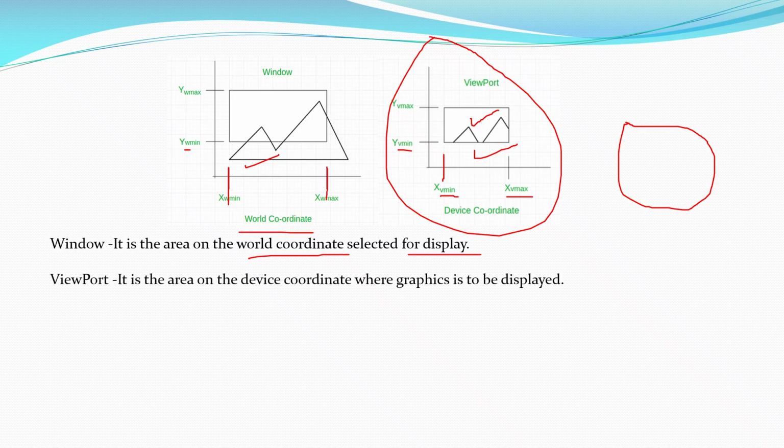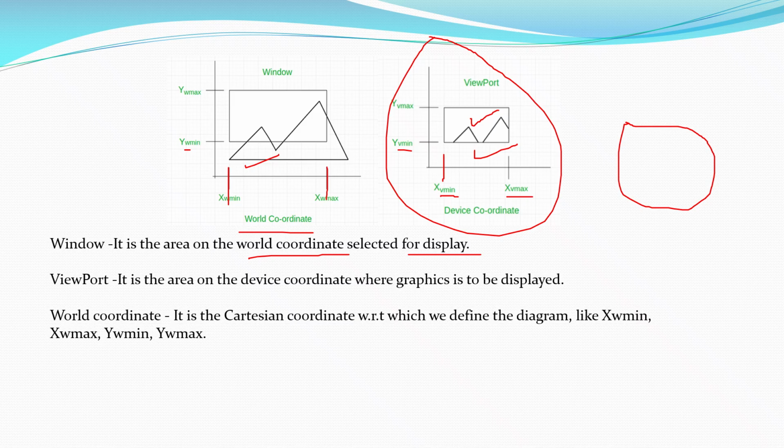Okay, so viewport is the area on the device coordinate where graphics is to be displayed. The window coordinates indicate the coordinates with respect to which we define the diagram, as we said, xw min, xw max, and yw min, yw max.